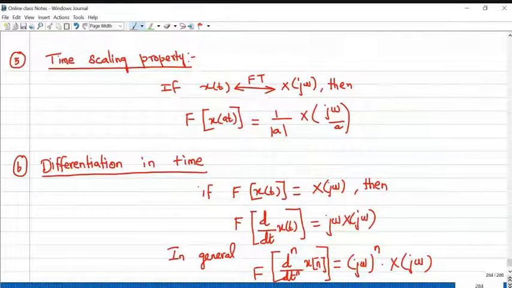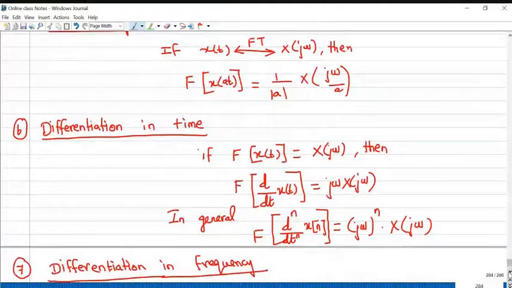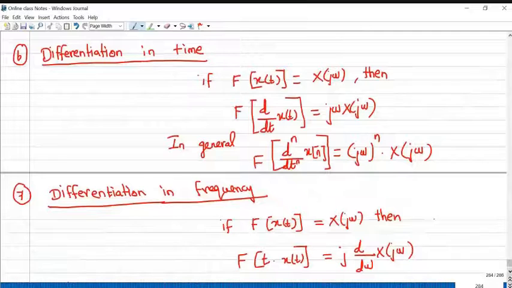Next one, differentiation in time domain property. It says x of t has Fourier transform X of j omega. If you differentiate x of t with respect to t and then find the Fourier transform, that should be equal to j omega into X of j omega.